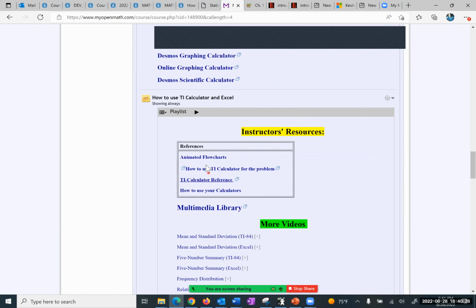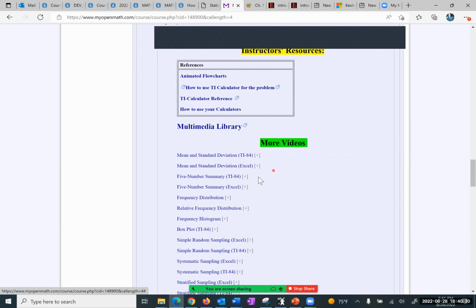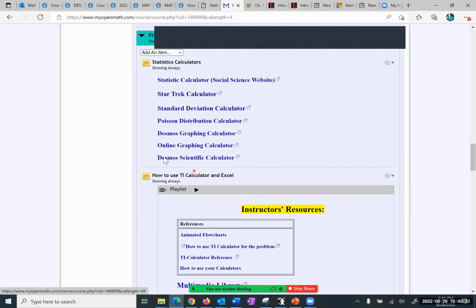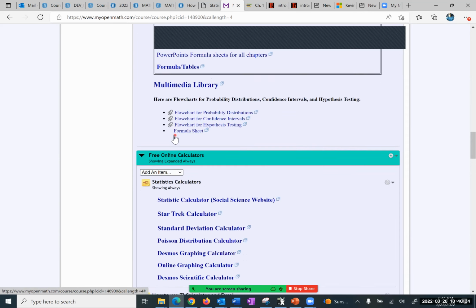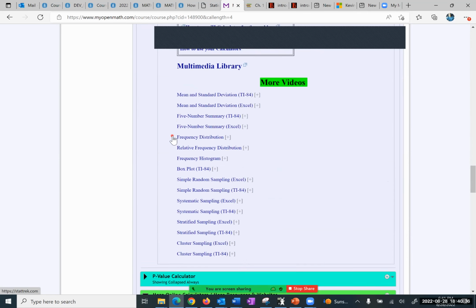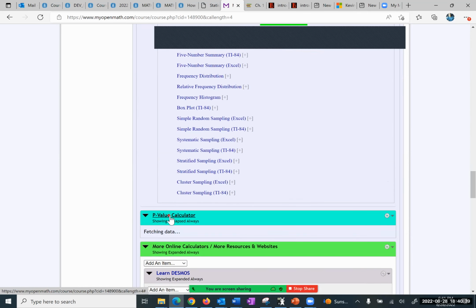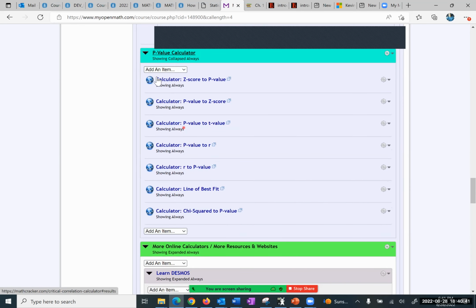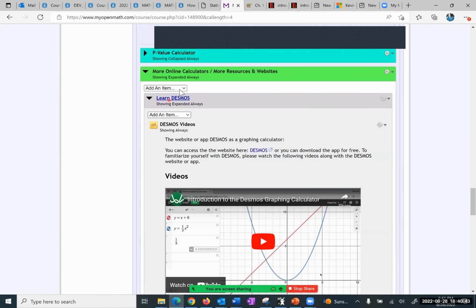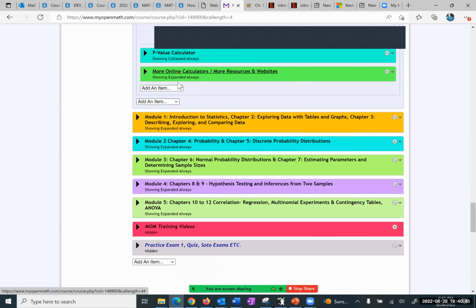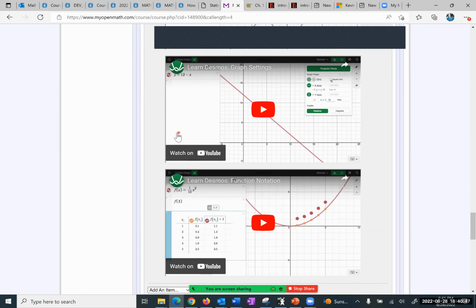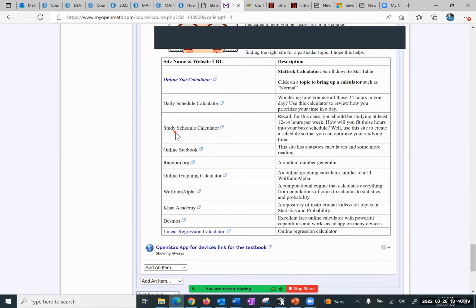Again, instructor resources here, multimedia library. This is about how to use these calculators. Again, a lot of resources. P-value calculator. More online calculators. Take a look. So many different calculators I have here.